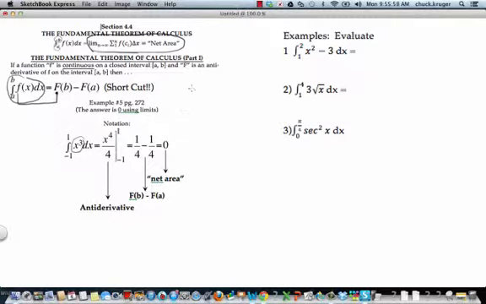And I'm just going to draw a little diagram of why this is. x cubed looks like this going to 1, and it looks like this going to negative 1. And so these areas are the same amount.